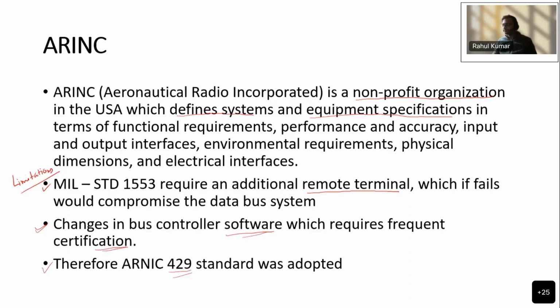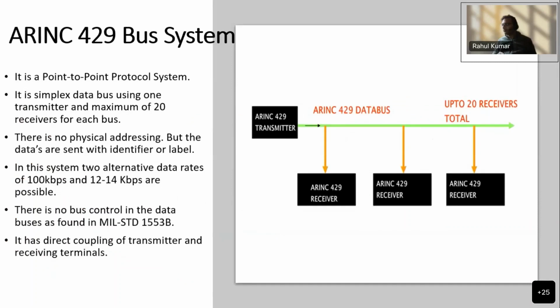Now this ARINC 429 is a point-to-point bus system. That is, it has a direct connection between your transmitter and receiver, one or more receivers.